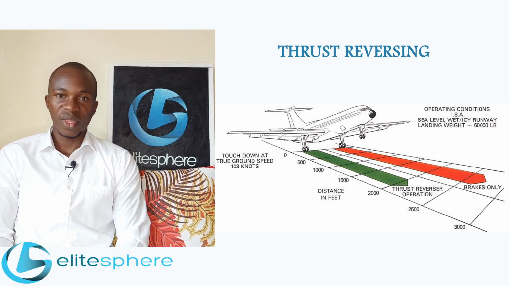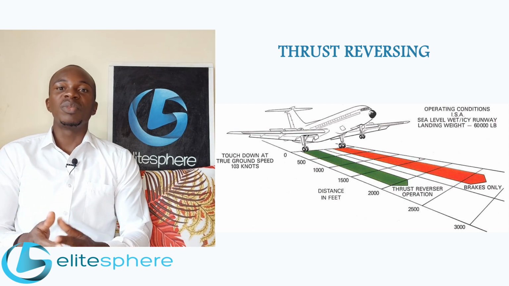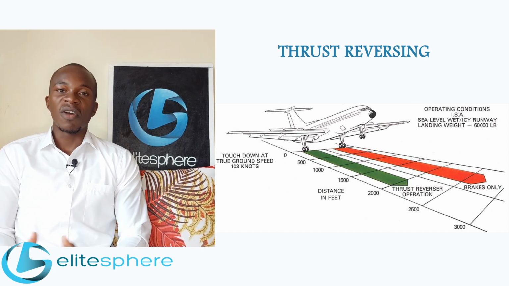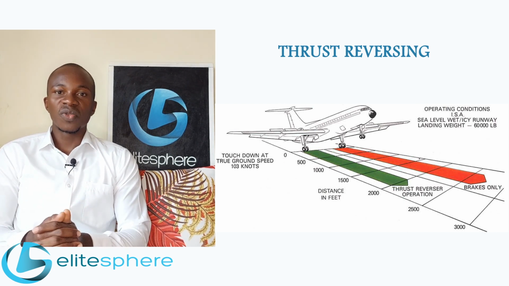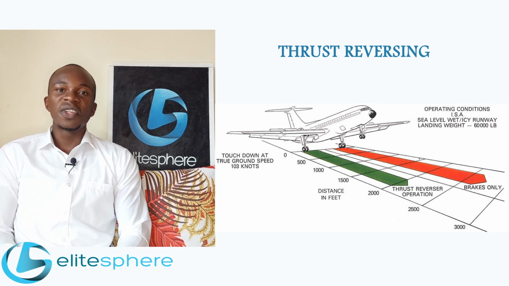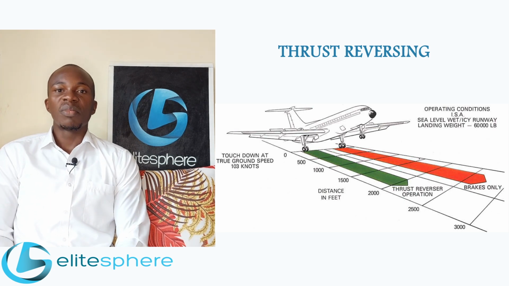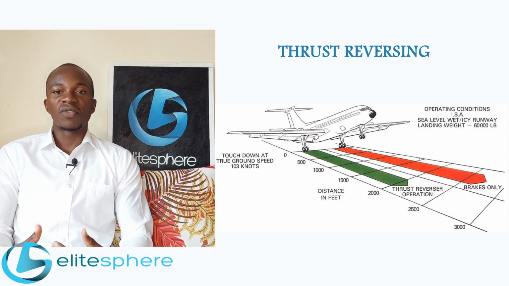Ideally, the exhaust gases should be deflected completely forward, but due to design limitations, this is not possible. As a result, a 45-degree angle is used to deflect the exhaust gas stream forward to achieve thrust reversing.